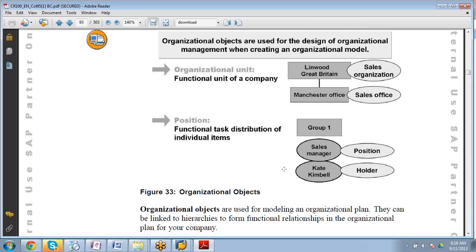Change organization model: PPOMA_CRM. Display organization model: PPOSA_CRM.